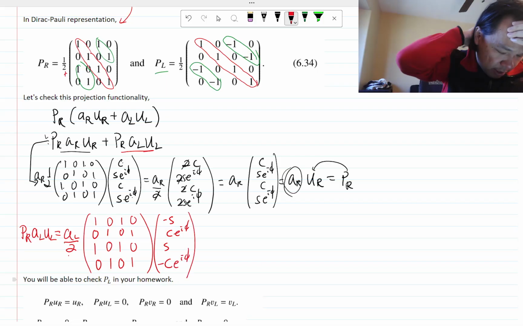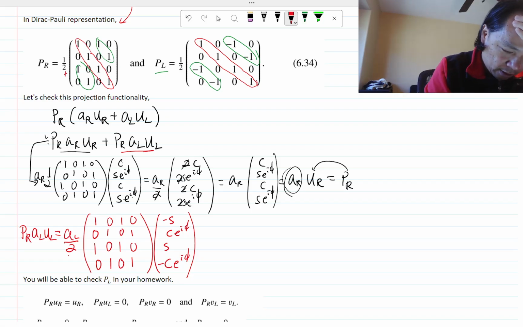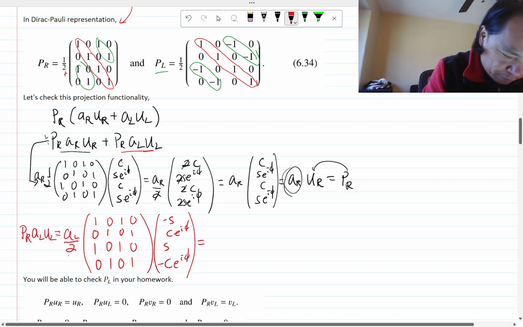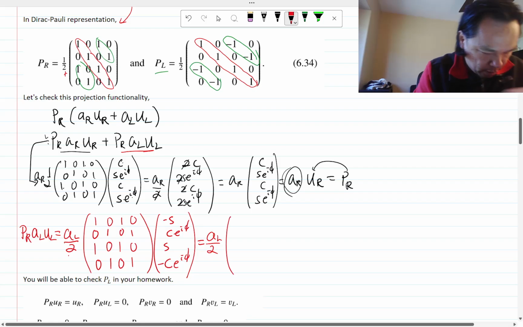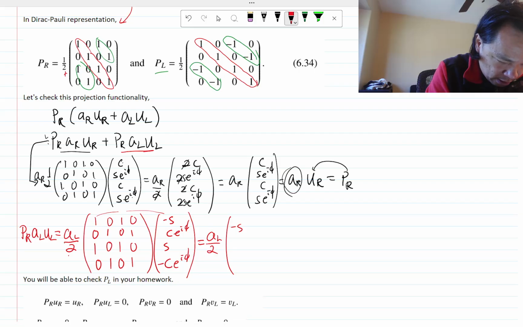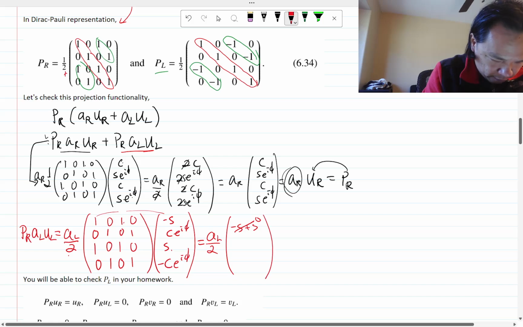A lot of this is not going to matter, but let's just write everything out. You have AL over 2. So do this multiplication: you get minus S, you get plus S, so you get 0 on the first component. You get plus C e^{i phi}, and then you have minus C e^{i phi}.